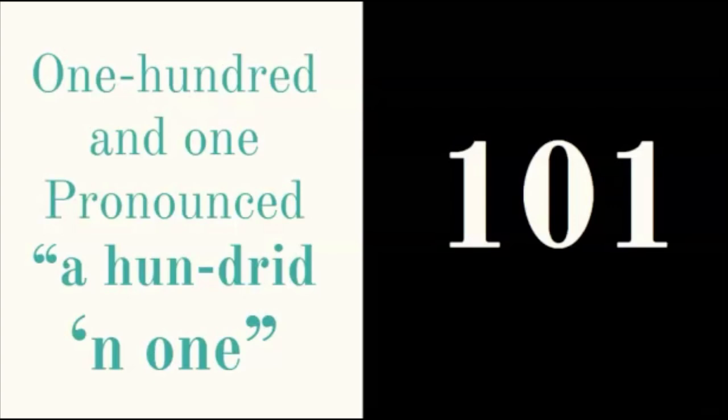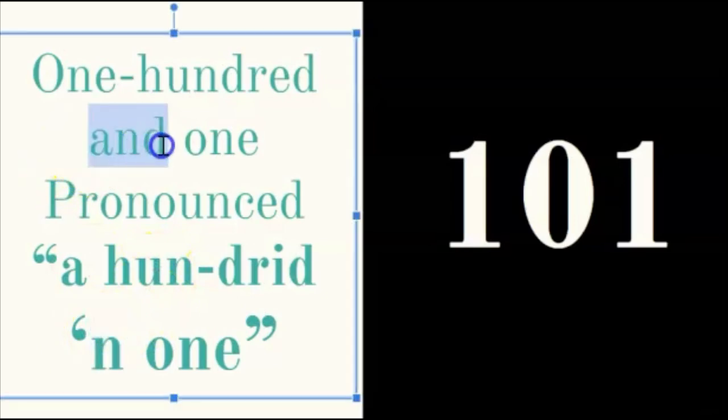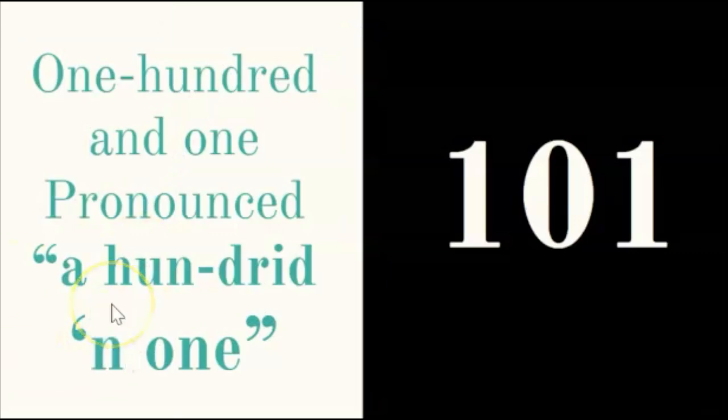There's just an N sound for the "and." Instead of saying "and," we might hear just "n." So 101, 102, 103, 104, 105, 106, 107, 108, 109.